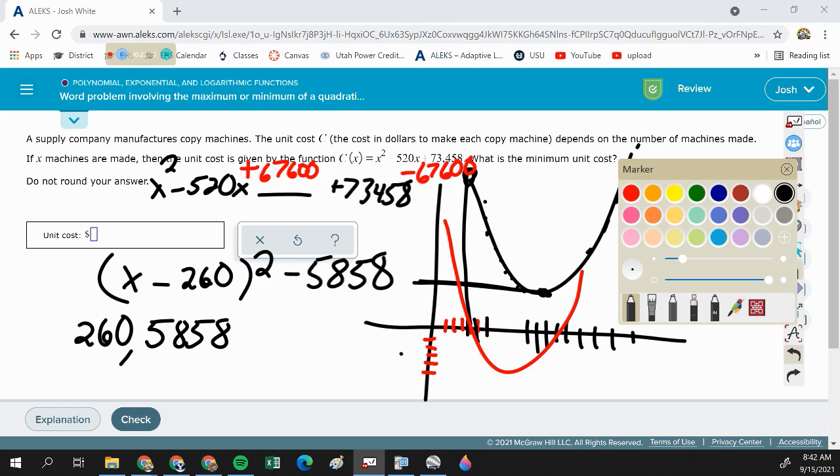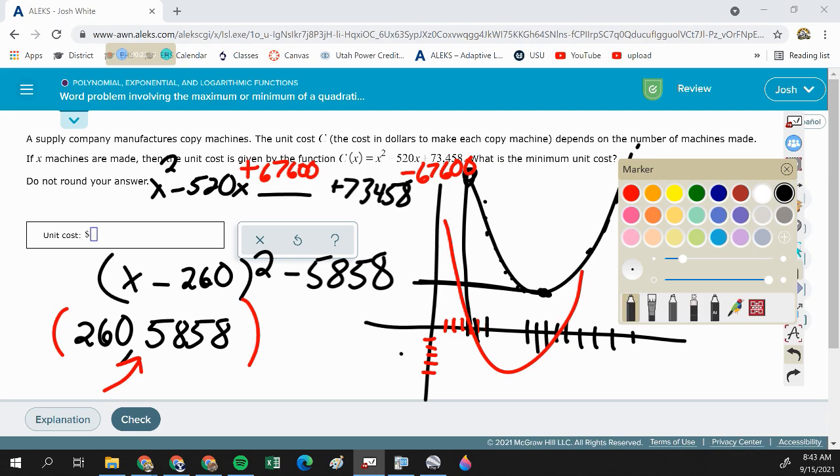It's a lot bigger than I would guess. So, what does this tell me? What does 260, 5858 tell me? Right. The best option would be if you make 260 copy machines, they will cost $5,858 per machine.